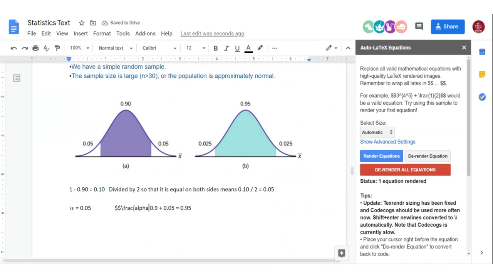But anyway, that's what we call alpha over 2.